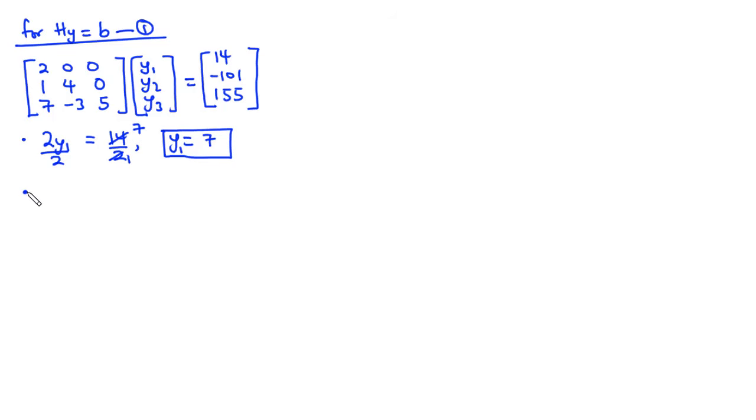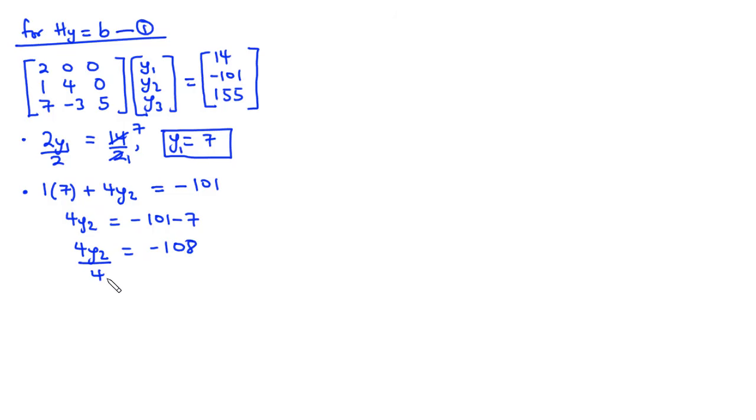Now let's move on to row 2 to find y2. So here we are going to have 1 times y1, 1 times 7, plus 4 times y2, plus 0 times y3, and that is equal to negative 101. So here we have 4y2 equal to negative 101 minus 7, and then 4y2 equals negative 108.